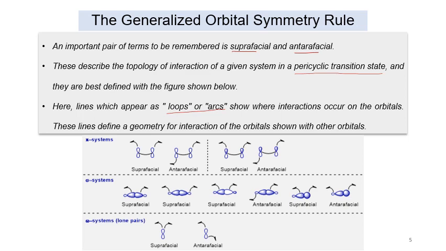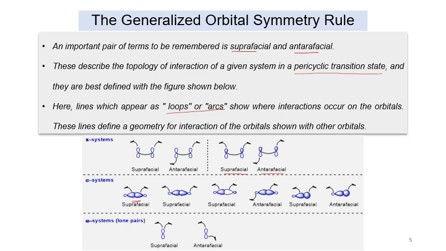So if the two orbitals in similar phases are reacting from the upper side, then these are suprafacial. If they are reacting with opposite ends, then these are antarafacial. This is for a pi system. For a sigma system, if the two lobes are opening up from the same side and they are reacting with the same phase, then it is suprafacial.